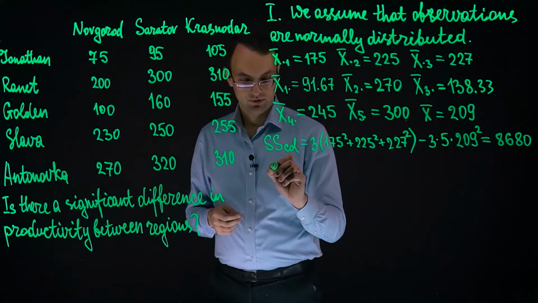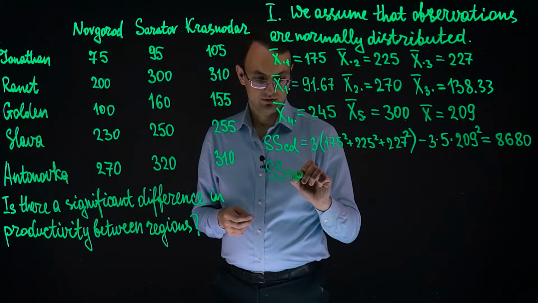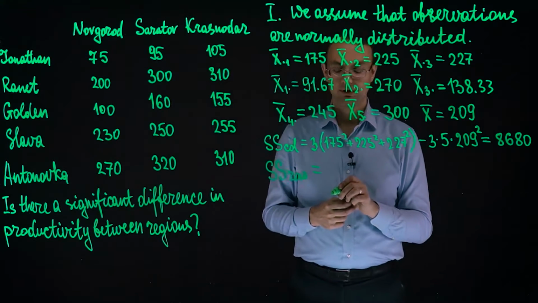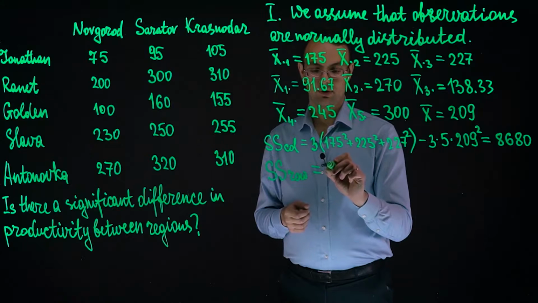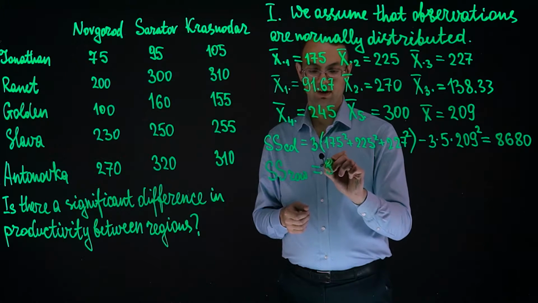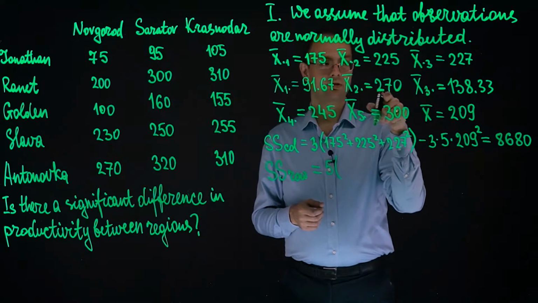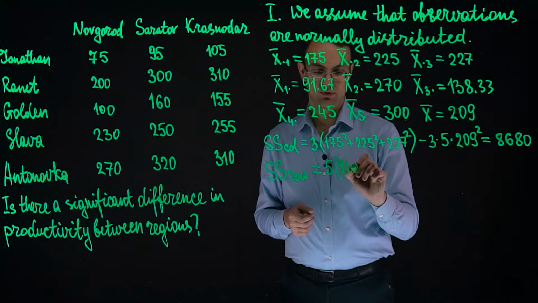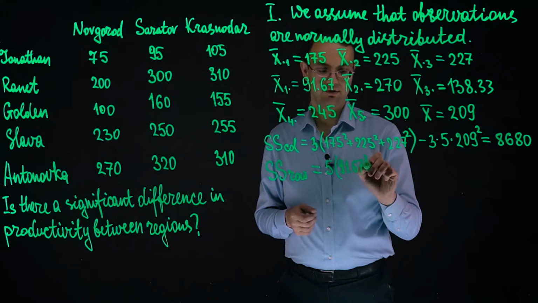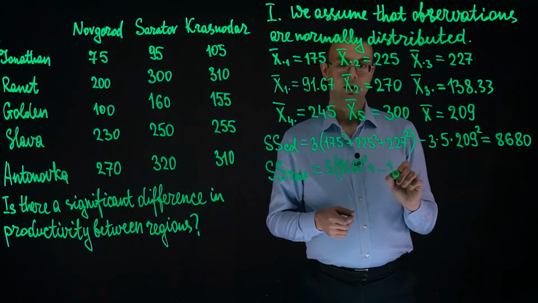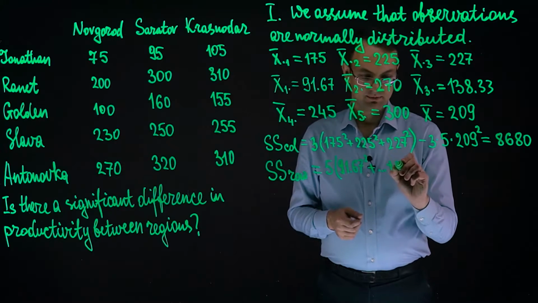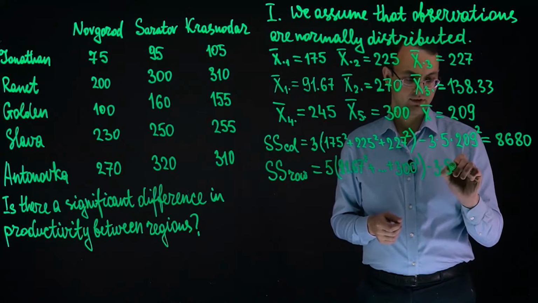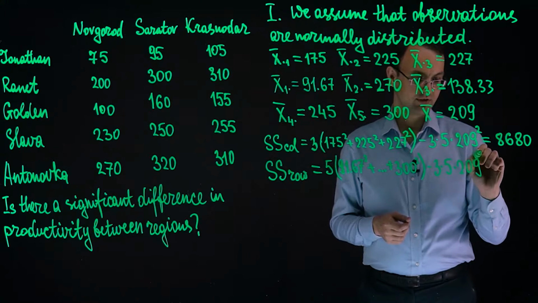Then SS row can be found in a similar manner. So number of rows, 5, times squared row means starting from 91.67 to 300, minus 3 times 5 times 209 squared.